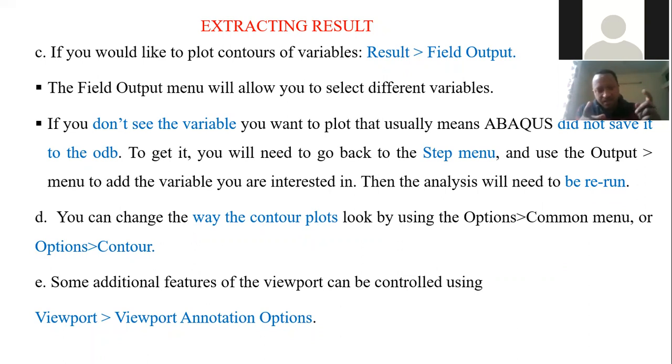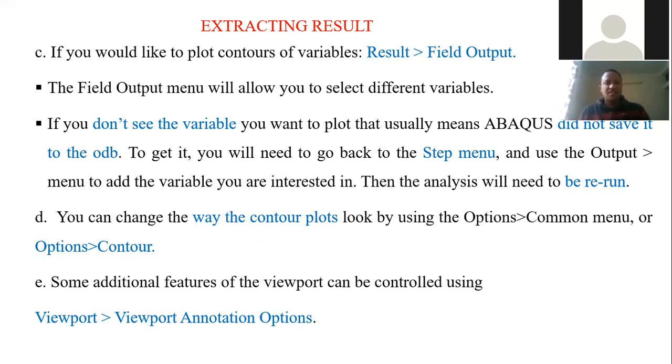For example, in our analysis which is running now, I didn't select the damage variables, but I introduced the Hashin damage parameters. So my analysis will not give me the Hashin compressive damage and Hashin tensile damage for matrix or fiber.